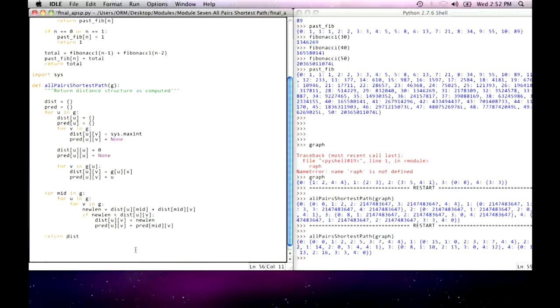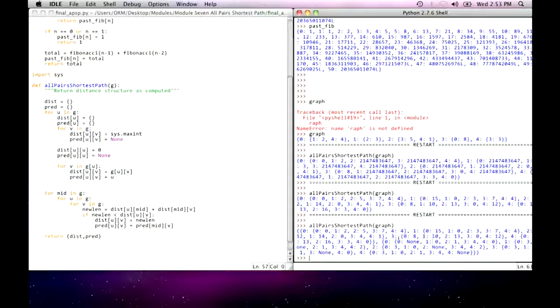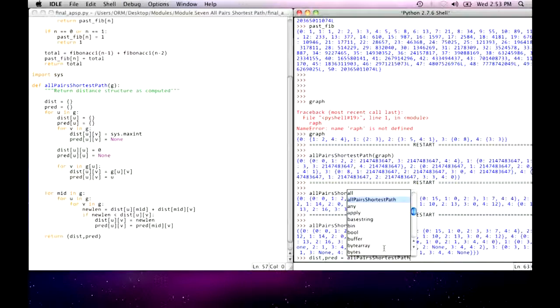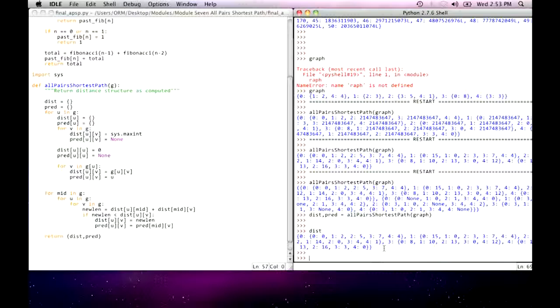So now I'm not just returning the distance, I'm going to return the distance and then some predecessor matrix. When I run this, the code looks more or less the same. The output does. I've got two different arrays here, and let me pull those out so we can see them in better form. I've got my distance, which we've already seen.